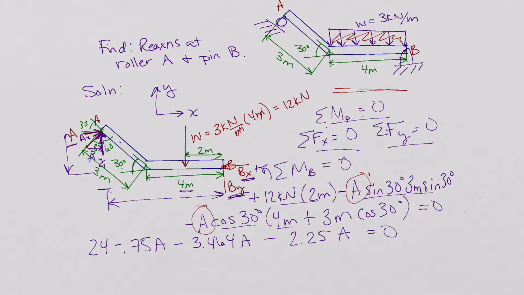Alright, I paused it and checked my math to make sure it was right. So now we have the negative 2.25 minus 0.75, so that gives us negative 3A.